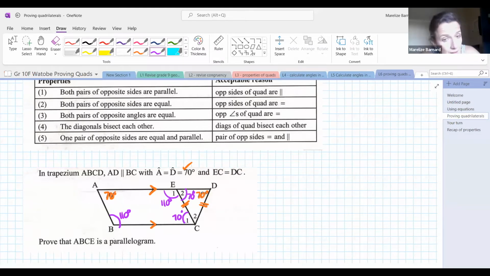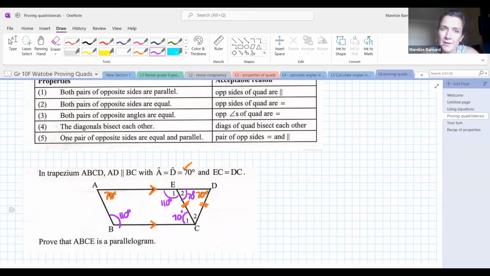Say again. Why do we say E1 is equal to 110? So E1 is equal to 110 because of angles on a straight line. Because if angle E2 is 70, then angle E1 must be 110 because together they must make 180.